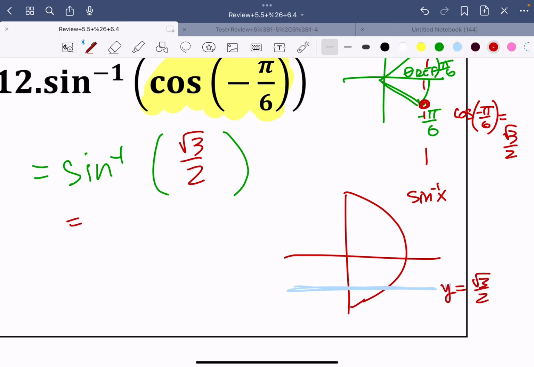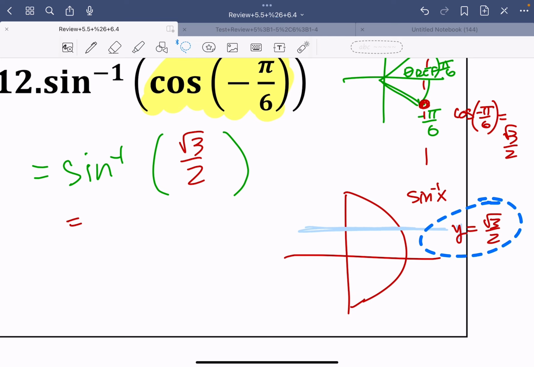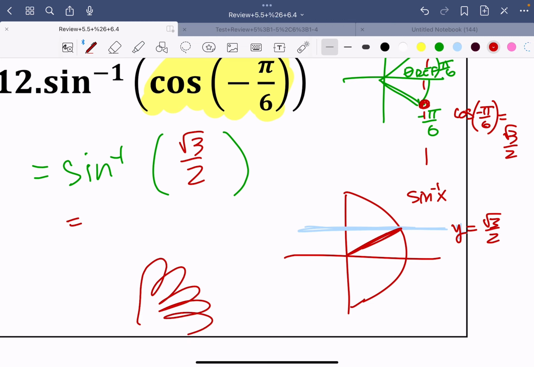But notice that needs to be positive. So where do I have a positive y? Well, that's up here. So I'm looking for the angle that gives me out square root of 3 over 2 for sine. Well, on my trig hand, 1, 2, 3, 4, 5, it's cosine, sine. Sine is on bottom. So where do I have the square root of 3 fingers over 2? You must have put down this finger, which is pi over 3. So the answer is pi over 3.